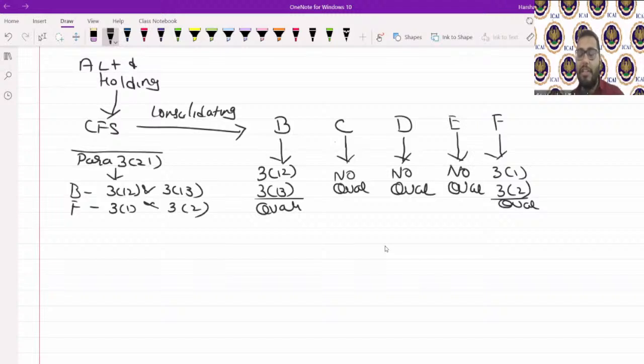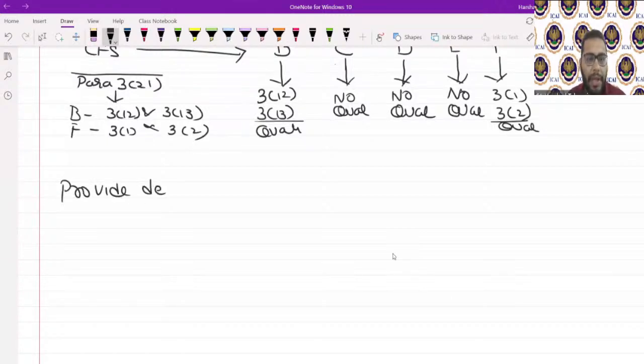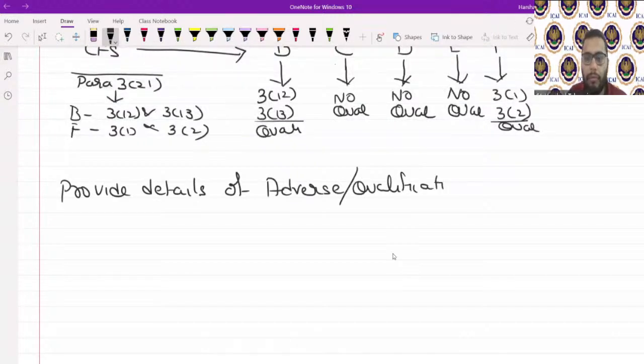In the consolidated financial statement, only one paragraph, that is para 3 clause 21, wherein we will be providing details of the qualifications which are of the subsidiary companies, or whose financial statements are being consolidated over here. So provide details of adverse qualifications in CARO of CFS.